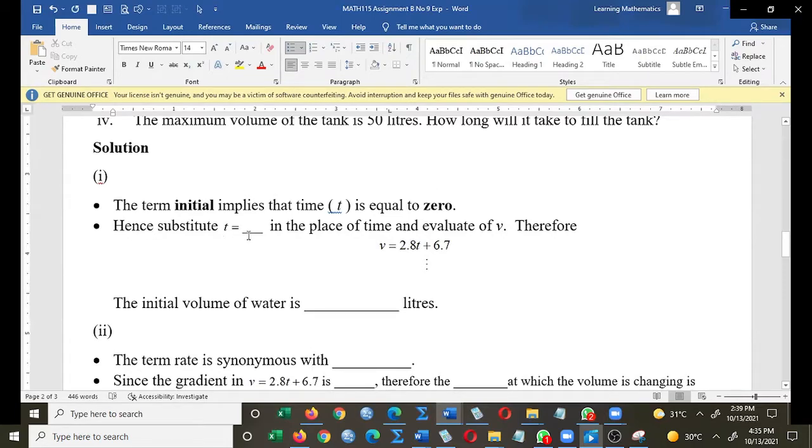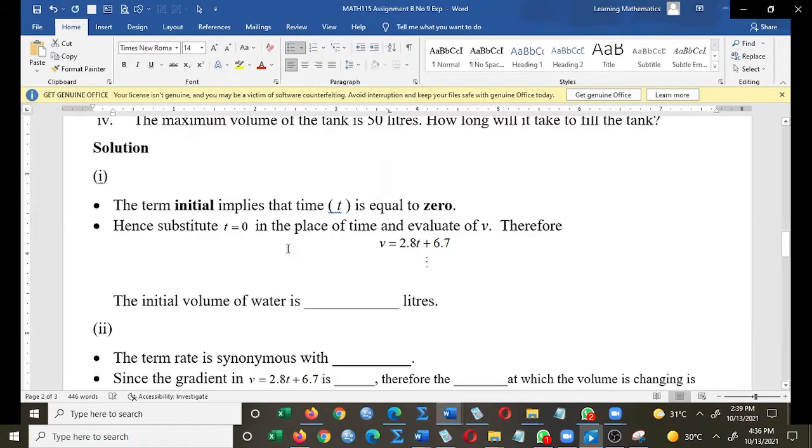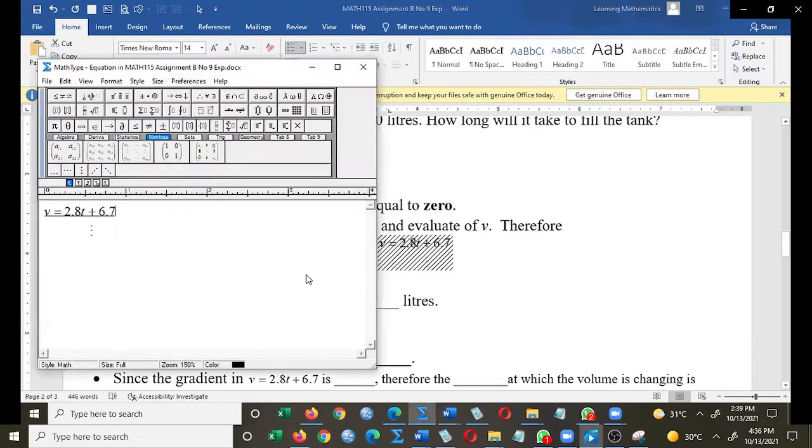And what are we to substitute? T is equal to 0. Substitute t is equal to 0 in the place of time and evaluate for V. Therefore, I put the initial equation there and put 3 dots coming down. How can we proceed?